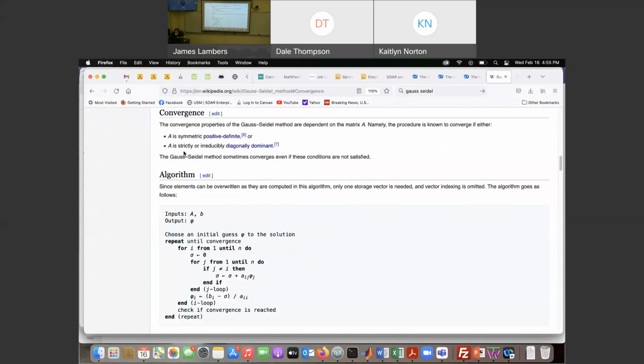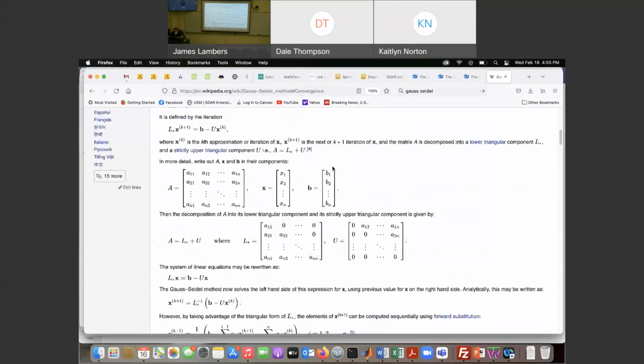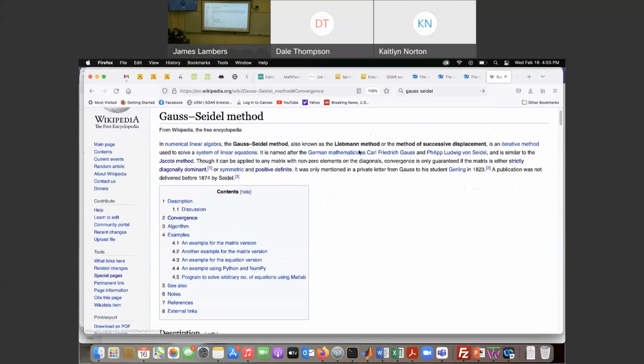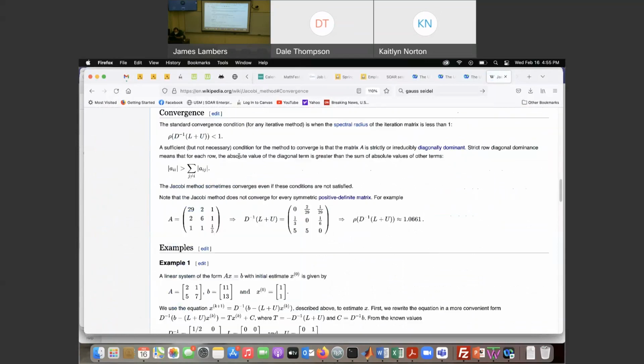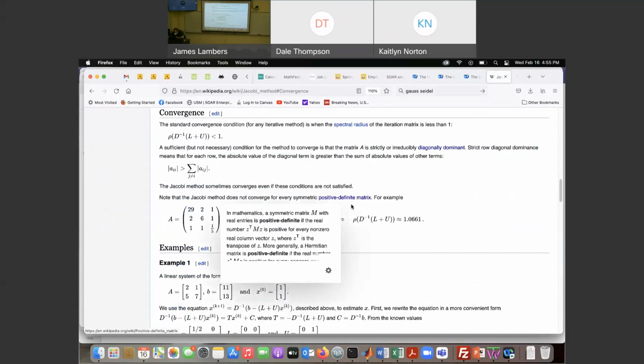Okay, yes, I remember that correctly. For diagonally dominant matrices, Gauss-Seidel does converge. Whereas the Jacobi method is not guaranteed to converge for every symmetric positive definite matrix.